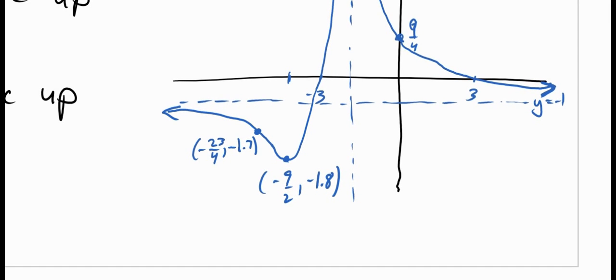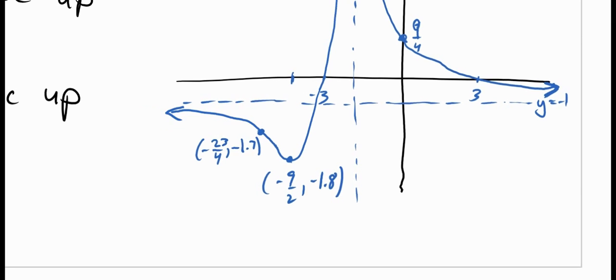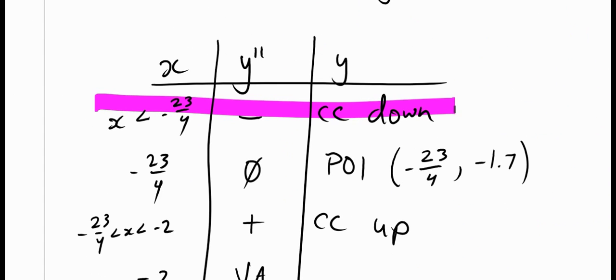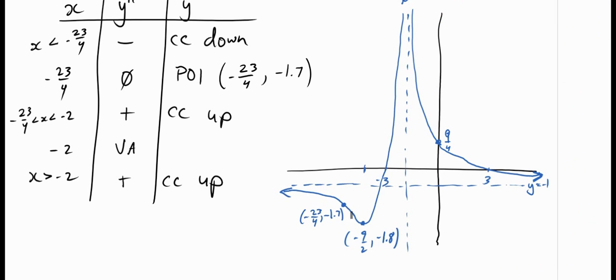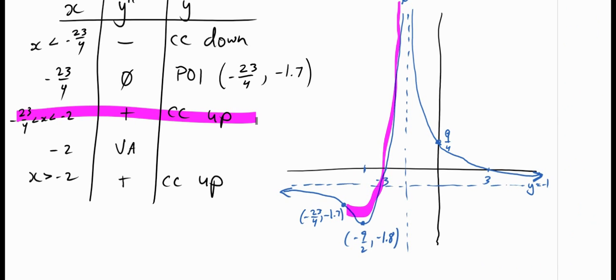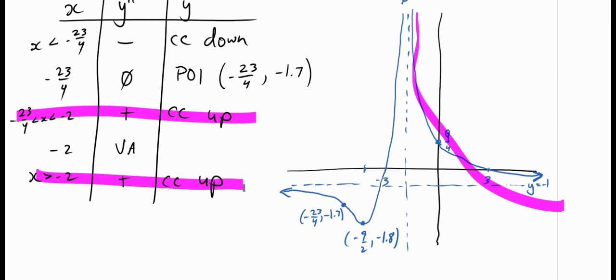I'll go over that again. This interval is concave down from our table. That was this one. This interval is concave up, and this interval is concave up.